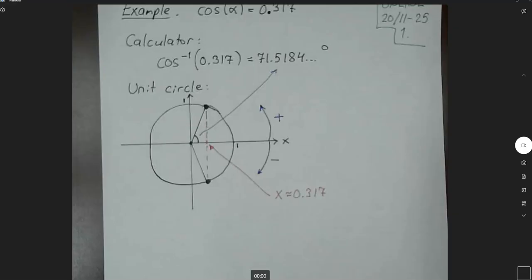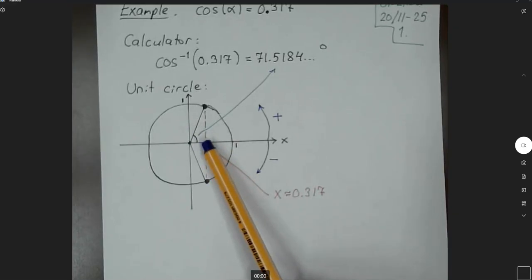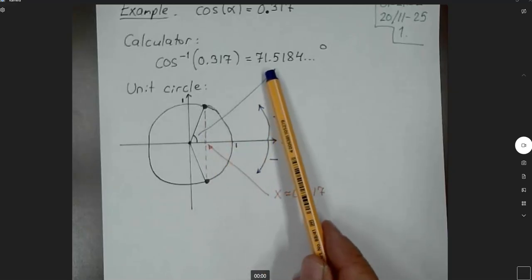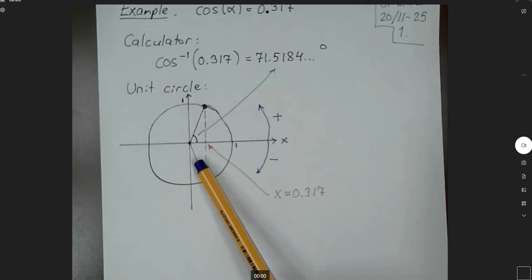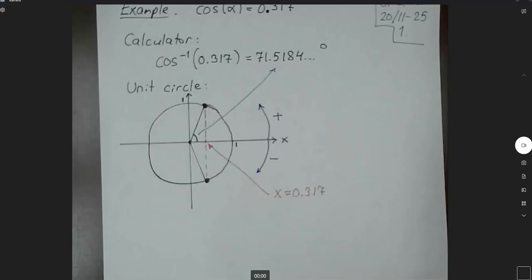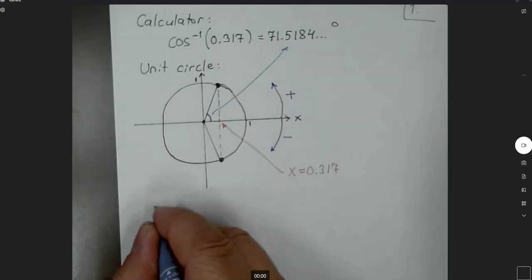So in this case, the first angle there is plus 71.5 degrees and the other one is minus 71.5 degrees.